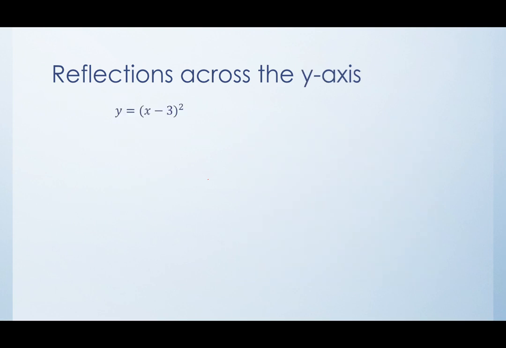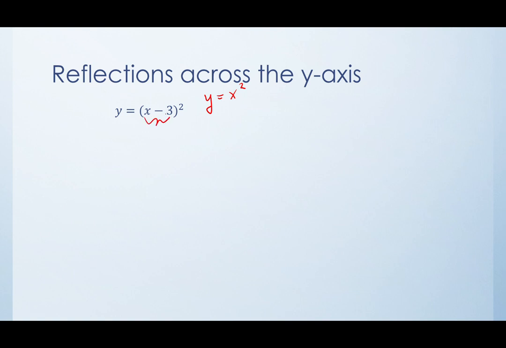So if we look at a reflection over the y-axis, this time we've got our x minus 3 quantity squared. We can think of this as our original toolbox function, y equals x squared, and we made an inside change to it, right?